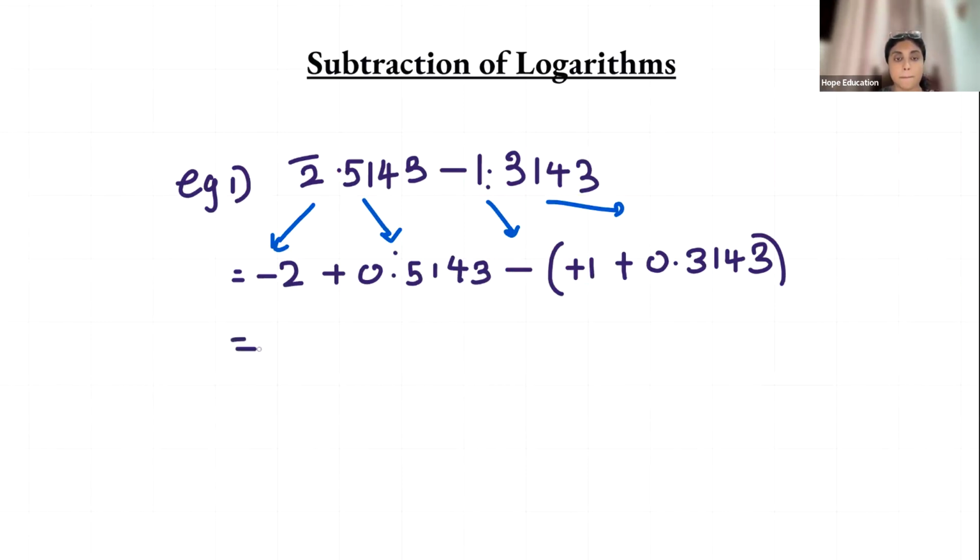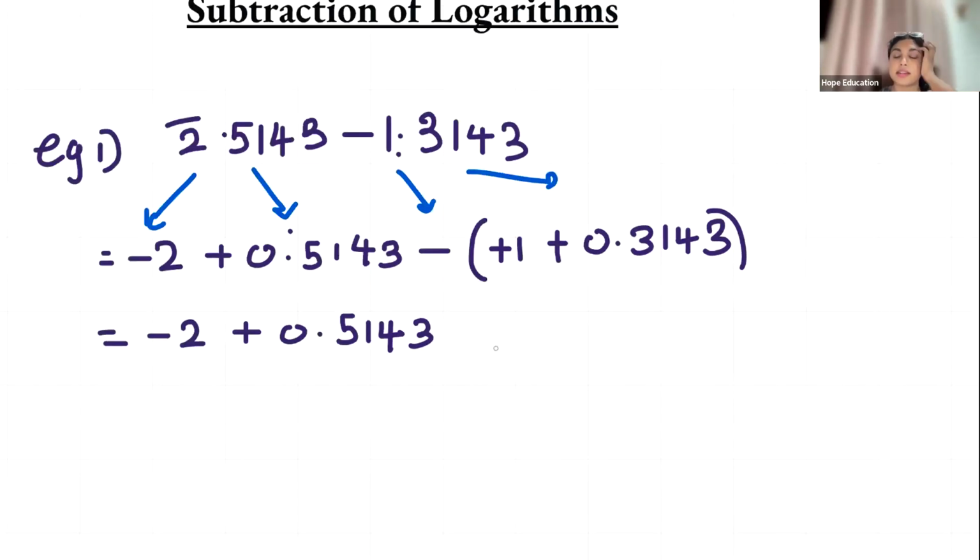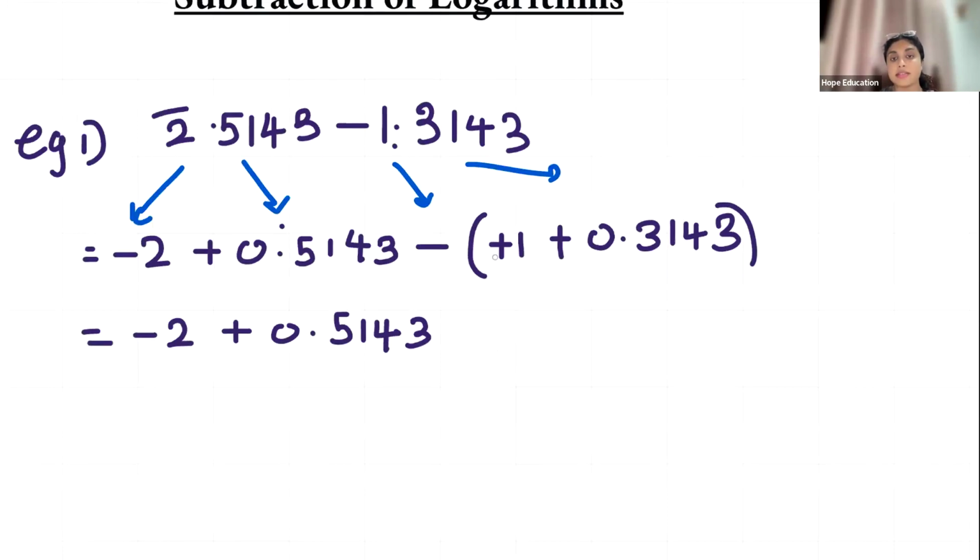Minus 2 plus 0.5143. Then let's simplify this bracket with the minus in front. Minus times plus 1 is minus 1. Minus times plus 0.3143 is minus 0.3143. Minus times plus is minus.